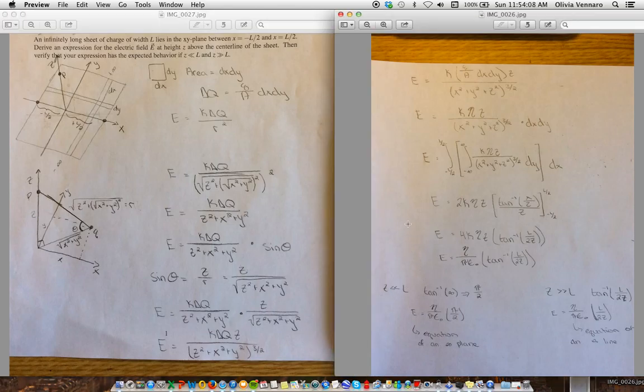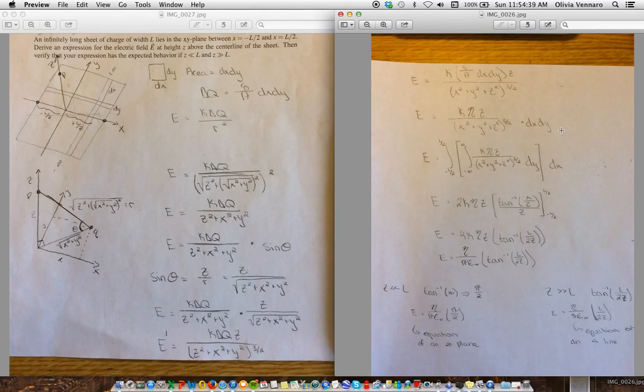So now I can substitute delta q for the entire sheet, which is just what we found before. So delta q is equal to Q over A dx dy, and I just plug that into the equation. And I know that Q over A is just equal to eta, so I substituted those in and pulled dx dy to the outside of the equation.